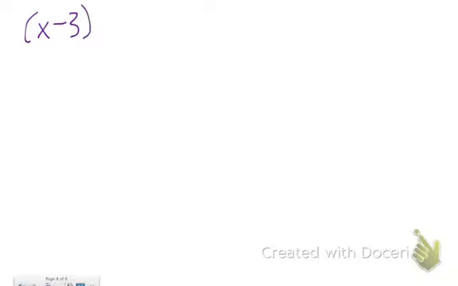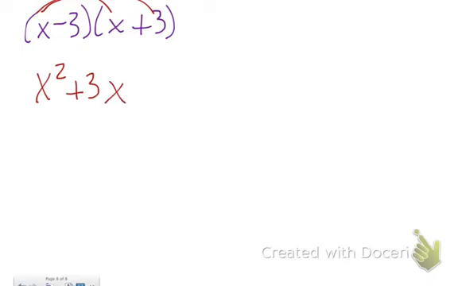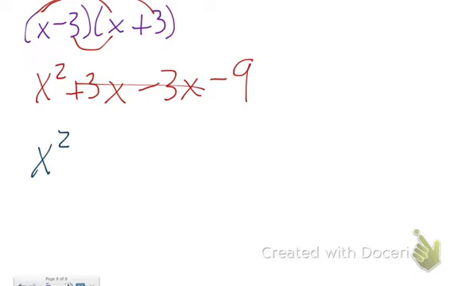So to show you one more example of that, if we do x minus 3, x plus 3, watch what happens. So again, I get x squared plus 3x minus 3x minus 9. Those cancel, and I'm just left with x squared minus 9.